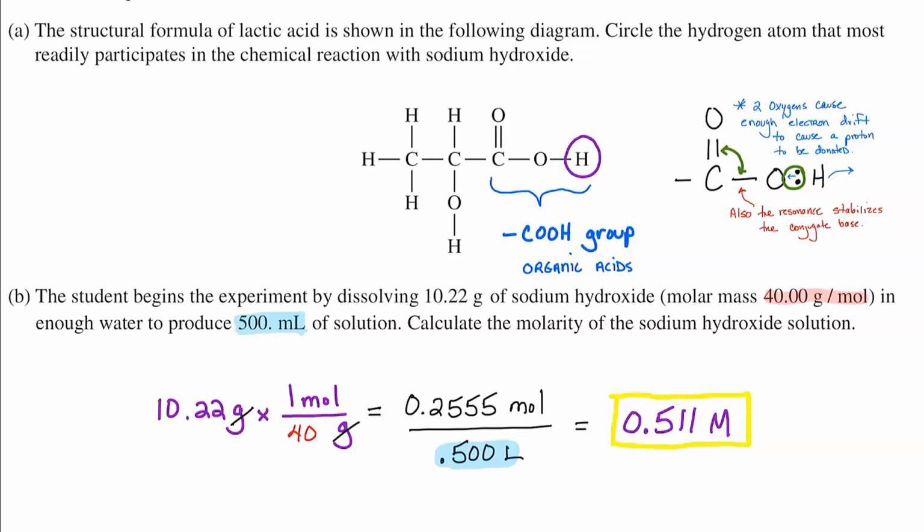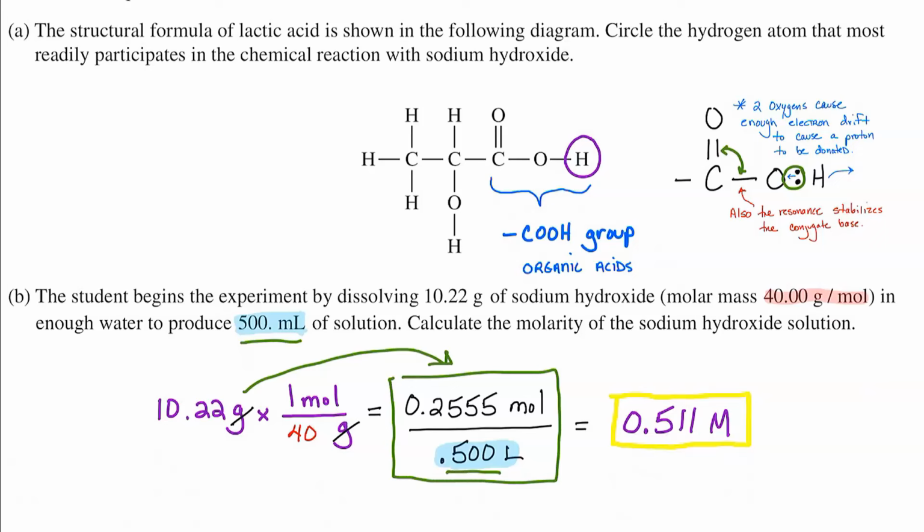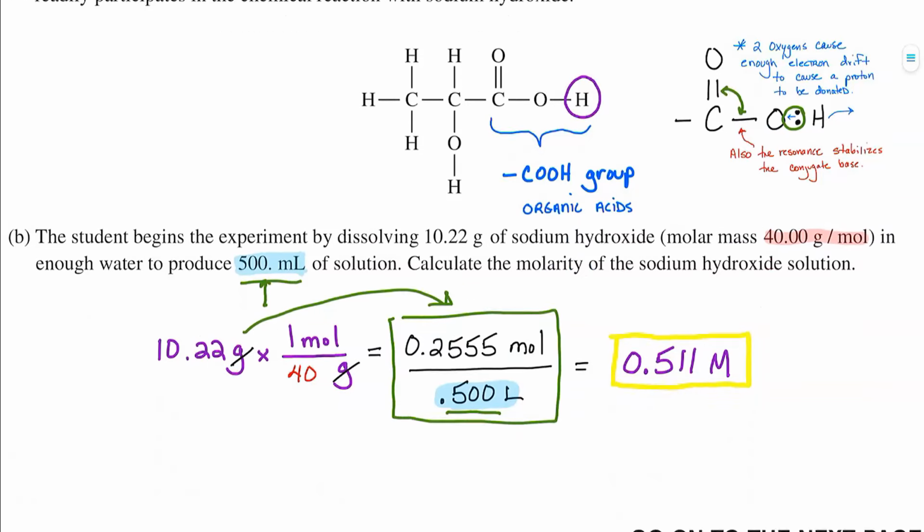If you don't recognize this, this is the molarity formula, moles over liters, so the milliliters have to be converted to liters, and we needed the grams converted to moles. I'm maintaining 3 sig figs because my least significant measured number has 3 in the milliliters of solution. Notice the 500 point there gives you 3 sig figs. Okay, moving on.